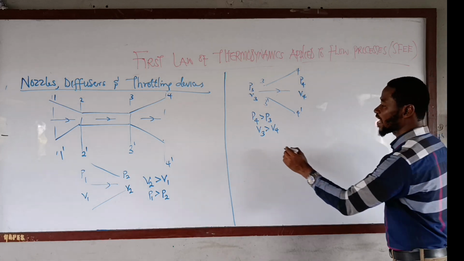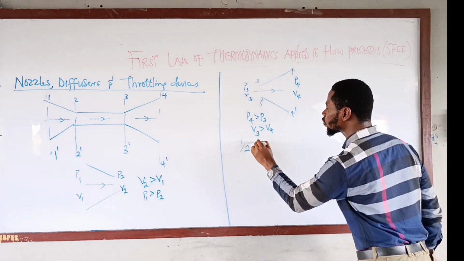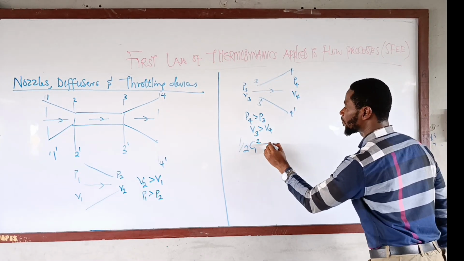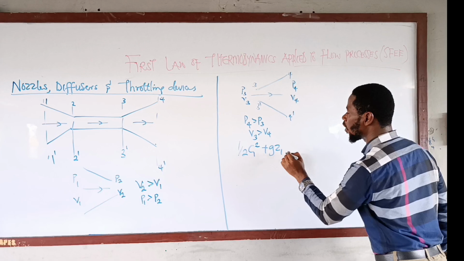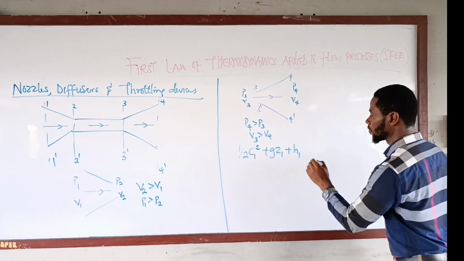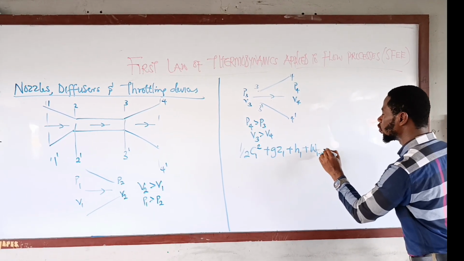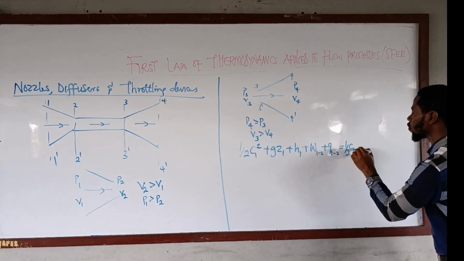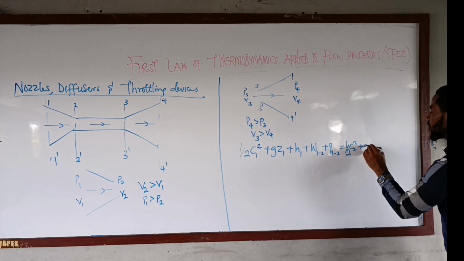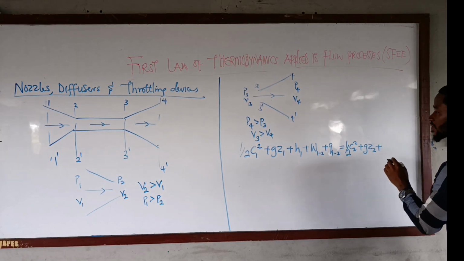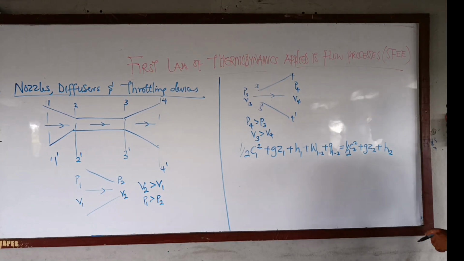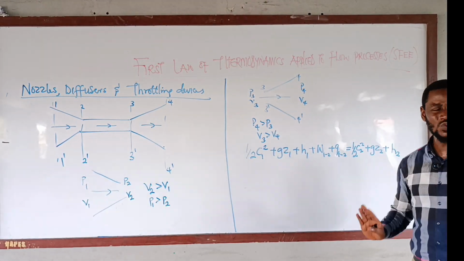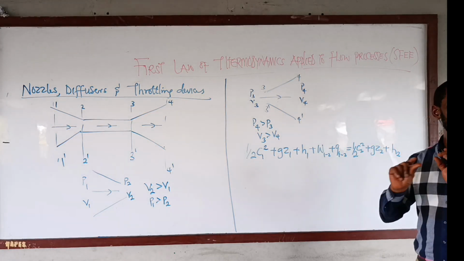So write out the steady flow energy equation, which is 1/2 C1 square plus GZ1 plus H1 plus W1 to 2 plus Q1 to 2 equals 1/2 C2 square plus GZ2 plus H2. Now, what are the basic assumptions that you need to take? What you are only left with is kinetic energy and enthalpy.